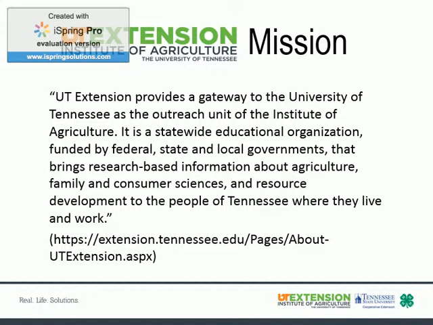It is a statewide educational organization funded by federal, state, and local governments that brings research-based information about agriculture, family and consumer sciences, and resource development to the people of Tennessee where they live and work.